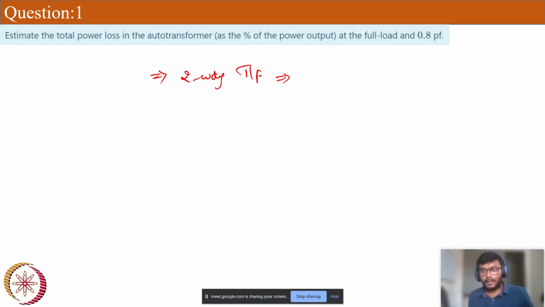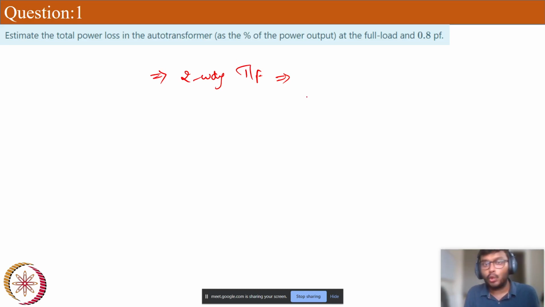If it's an ideal transformer, there should not be any power loss when we connect it as an auto transformer through the electrical connection, because all my currents and voltages are the same as in the two winding transformer. There are no changes in the voltages and currents. There are no losses in this. Copper losses are not there because the same amount of currents flow through the windings, even after I connect it as an auto transformer.